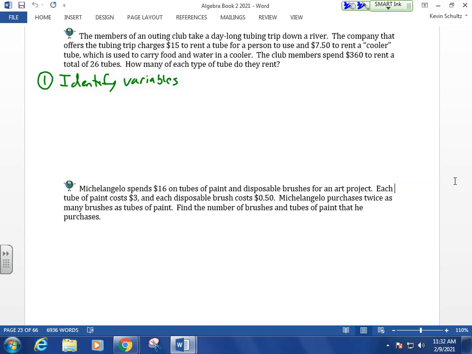Yep. And then the cooler one. Okay, so let's use P and C here, okay? P for person tubes, and C for those cooler tubes, right? Those are the two types. The question says how many of each type? What are the types? Person and cooler, okay?